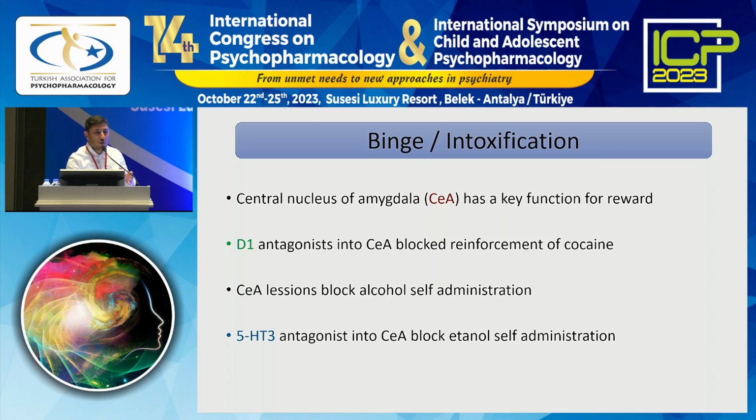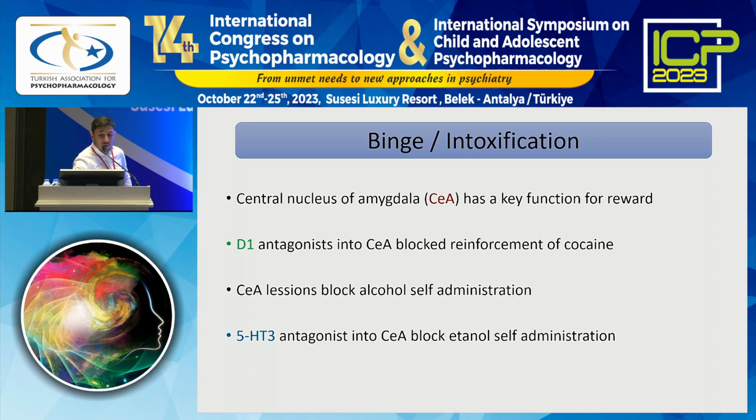Is the nucleus accumbens the only responsible area? No, on the contrary, studies indicate that the central nucleus of the amygdala has a key function in reward as positive reinforcement. Therefore, we can say that the central amygdala is an important area for central reinforcement.